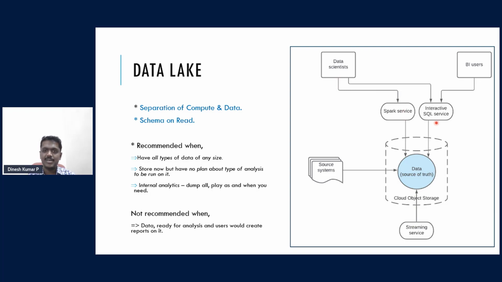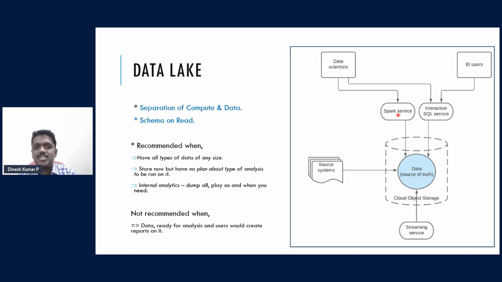And similarly, when it comes to BI users, again, they don't need all those 100 columns. They will again choose 40 columns or 30 columns, whichever they need. They'll create a separate schema in this query engine, and they'll create a table, and they'll connect it with the BI tool and do analysis, right? So actually, the data source of truth has 100 columns.